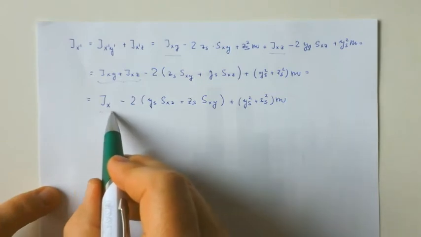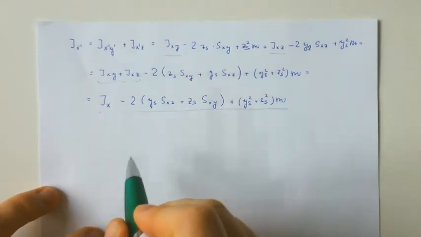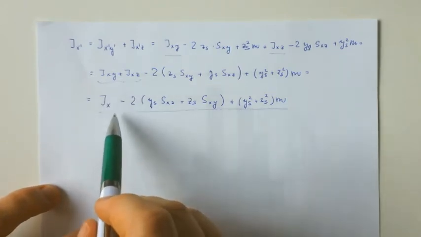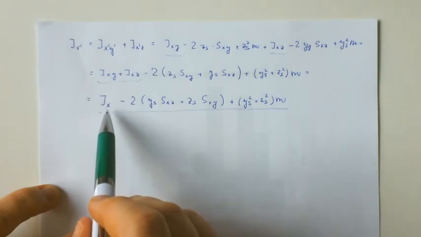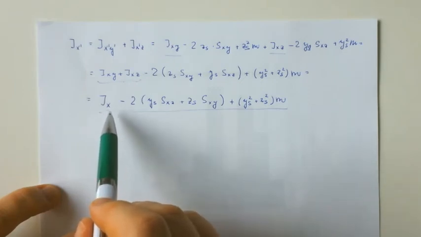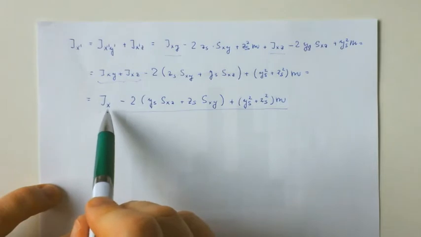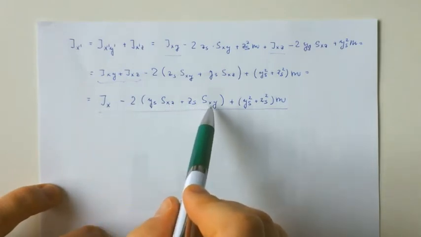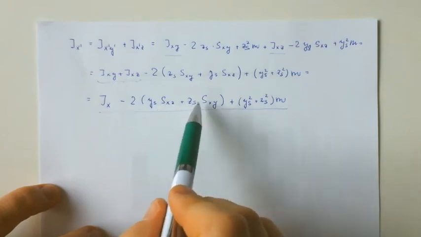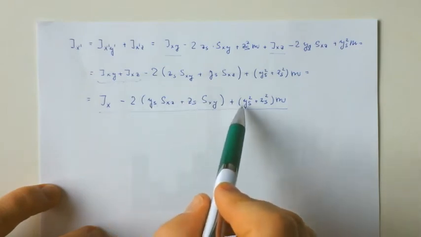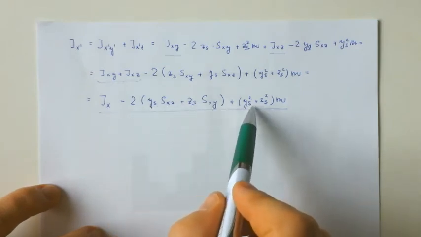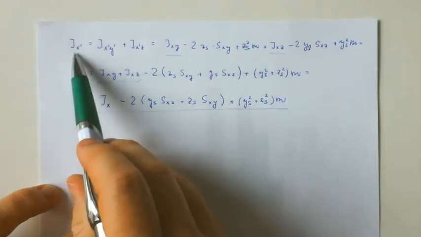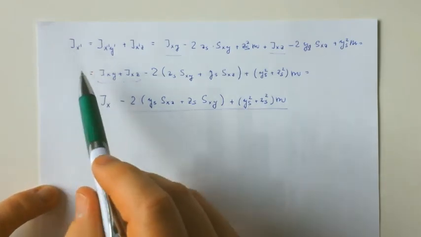So this is a result. If we have mass properties with respect to the original coordinate system, moments, static mass moments, and shift vector coordinates, we can calculate new values for the new coordinate system.